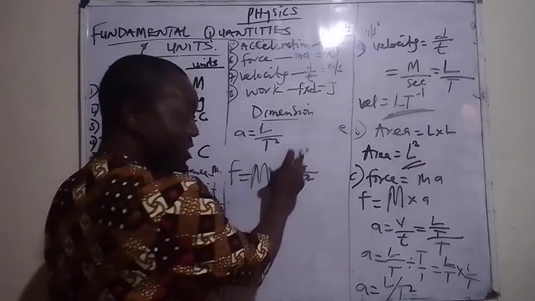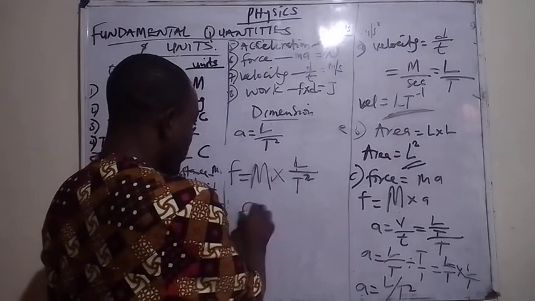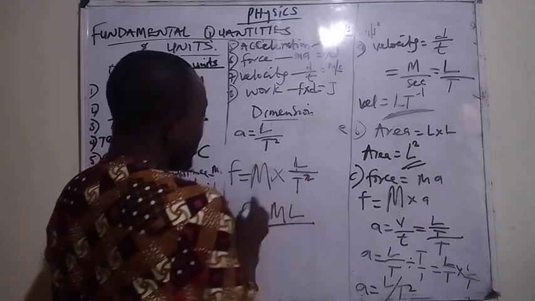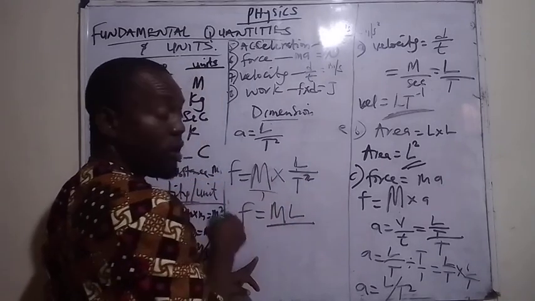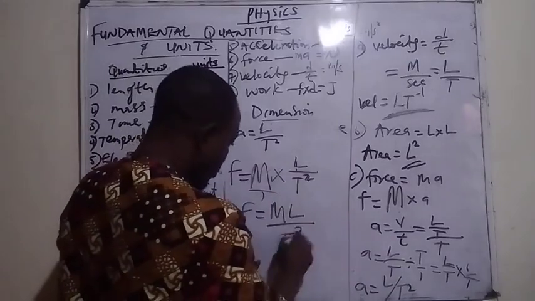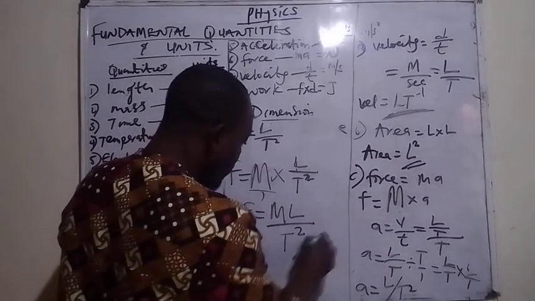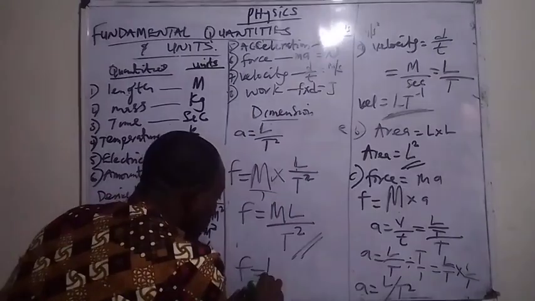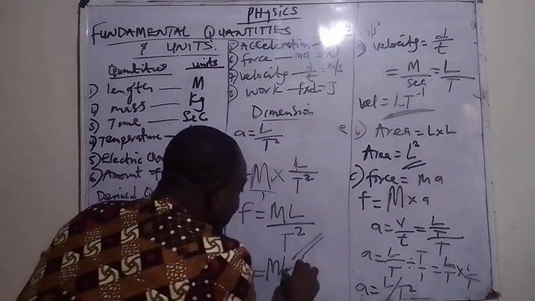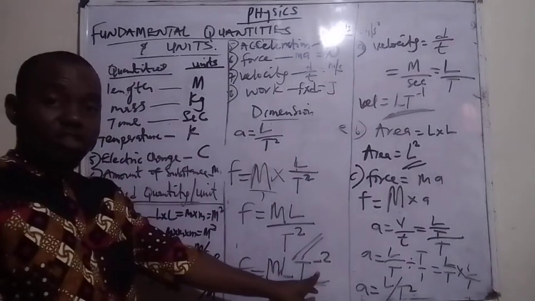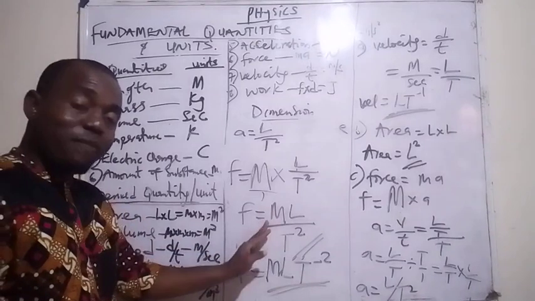This M will multiply this L, so we now have F equal to ML. Remember, this M is an invisible M over 1, so M multiplies L, and 1 multiplies T squared, giving 1 over T squared. This is the dimension for force. Or you can also write it like this, F is equal to MLT raised to the power minus 2. I wrote it in indices form now, so it's still the same thing.